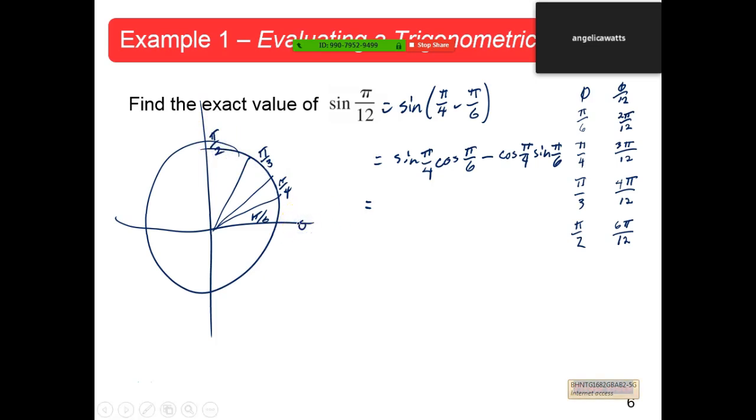Okay? The sine of these, this is the square root of 0 over 2. That's just 0. Okay? This one's the square root of 1 over 2, which is 1/2. This is the square root of 2 over 2.